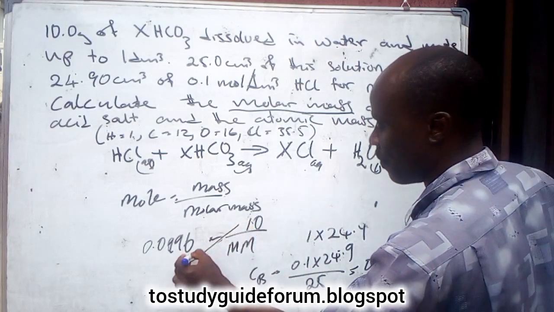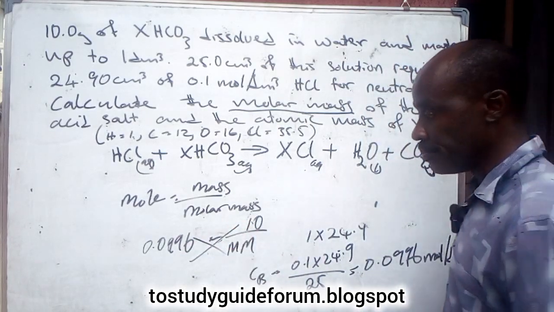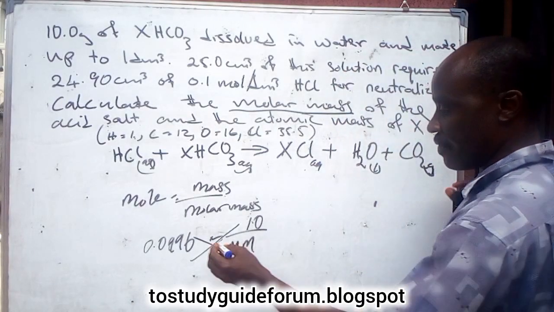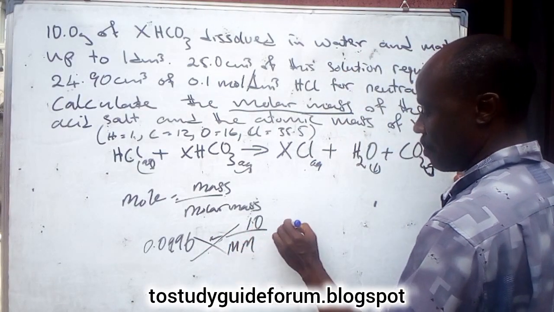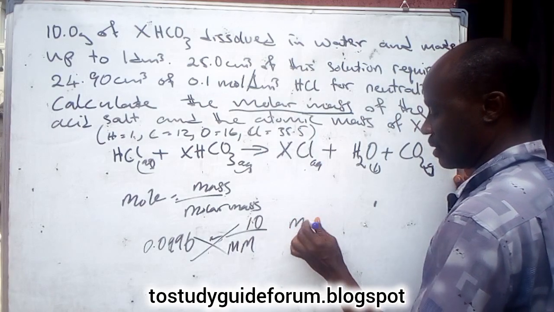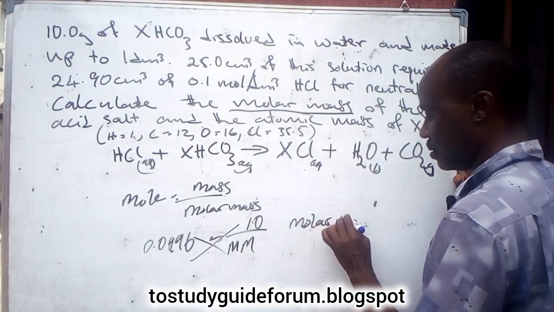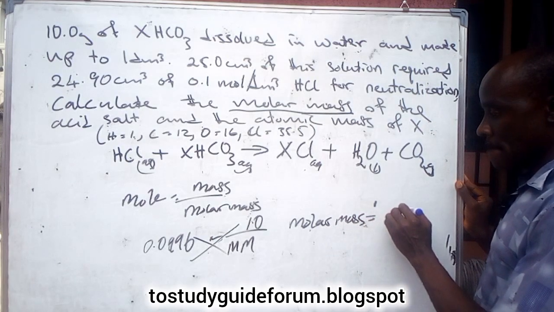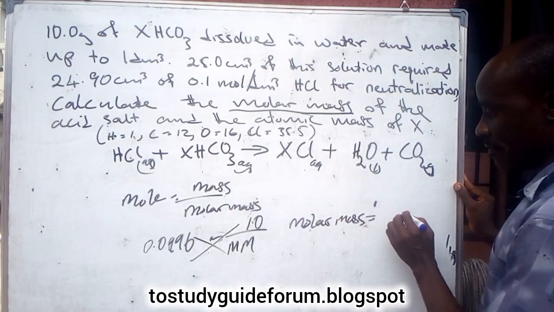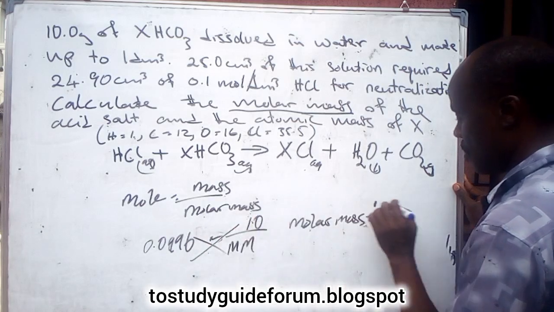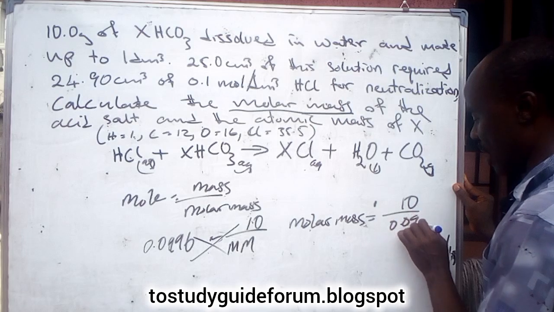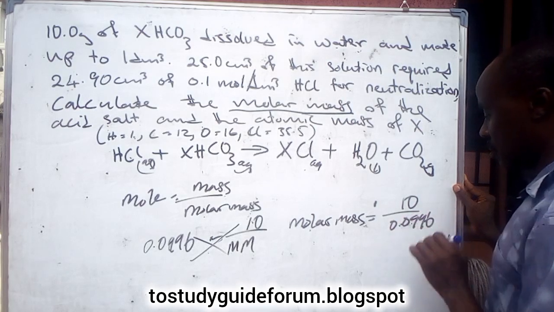So when we cross over, we have 0.0996 times mm equal to 10. Making mm the subject of the formula, the molar mass will then be 10 over 0.0996.